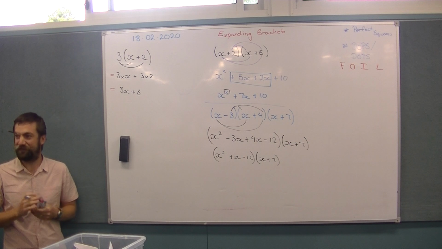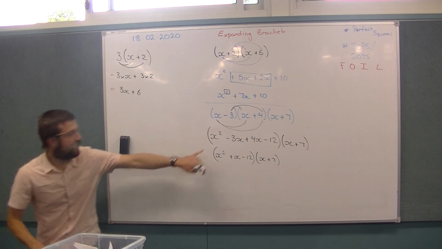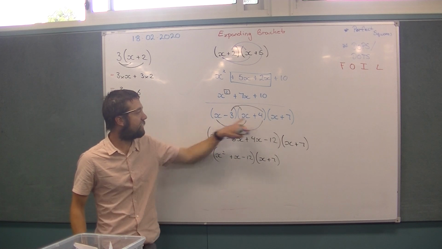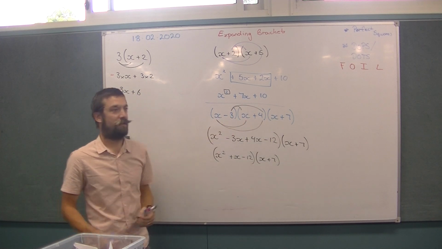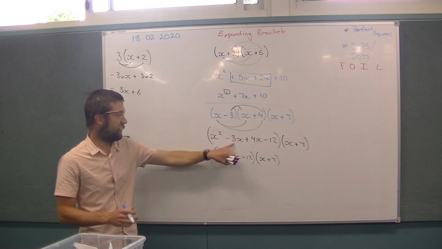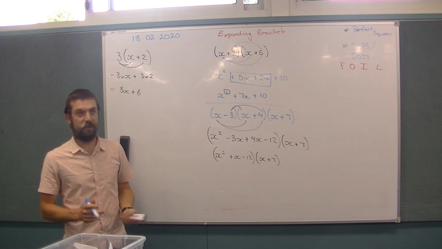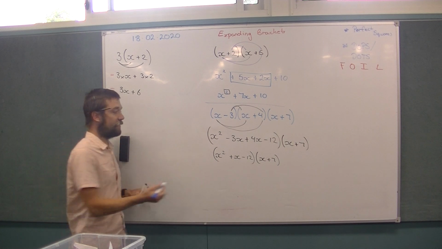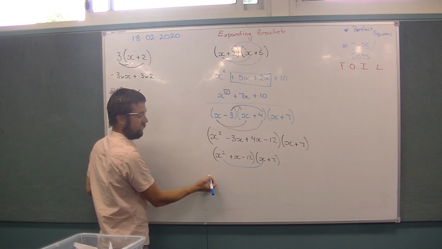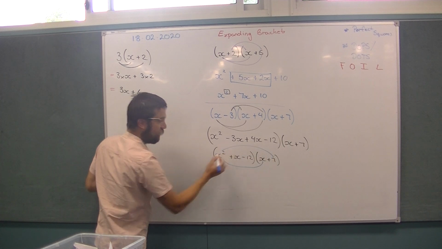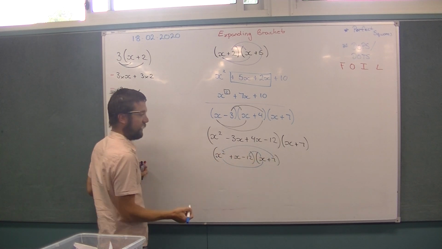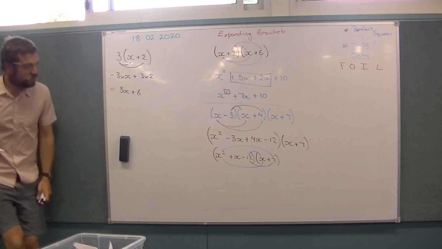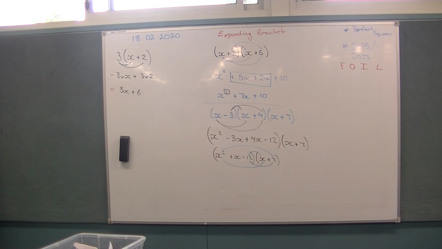X squared is x times x, minus 3x is that times that, 4x is that times that, and minus 12 is that times that. So it becomes plus x. Yep. And this is where your FOIL falls down, because you go first, outsides will be those, insides will be those, and last would be those 2, but you've missed that x term in the middle.